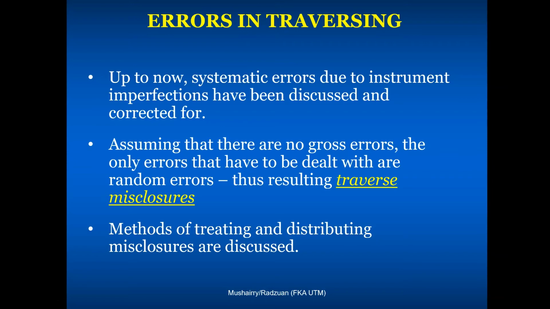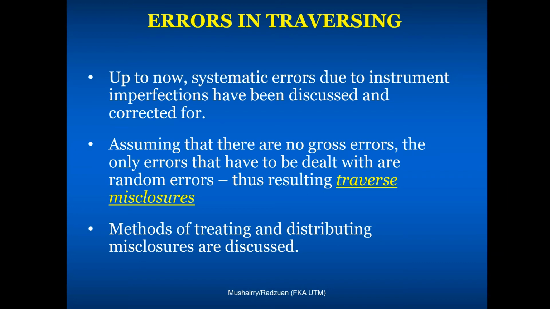Assuming that there are no gross errors in our work, we have taken care of the systematic error, and there's no gross error. We've checked, everything seems to be okay. So whatever remains will be the random error.